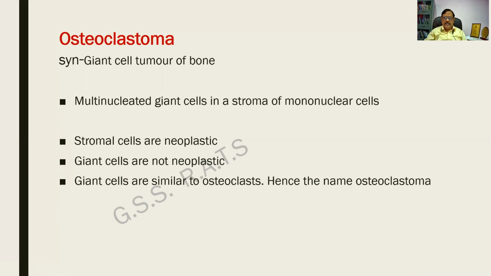If you go back to the classification, it is a tumor of unknown origin. The stromal cells in this lesion are neoplastic. The giant cells are non-neoplastic. And the giant cells are similar to osteoclast in appearance, hence the name osteoclastoma.